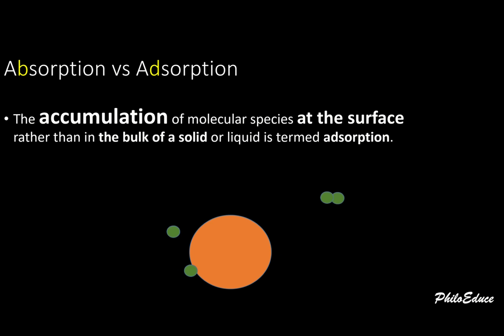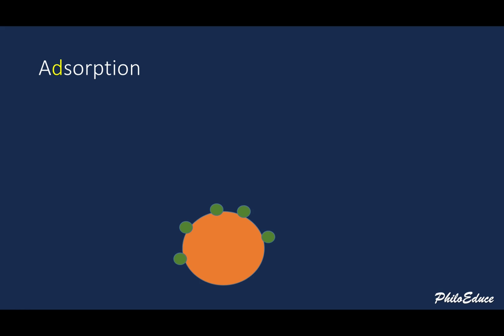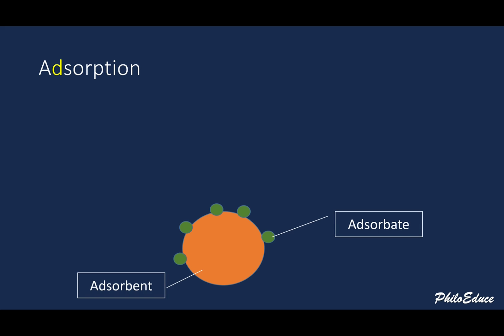Now we have to check what we call the molecular species at the surface and what we call the bulk solid. So let us look at what adsorbate and adsorbent are. As you can see from this figure, the green molecules are adsorbed onto the orange molecule.